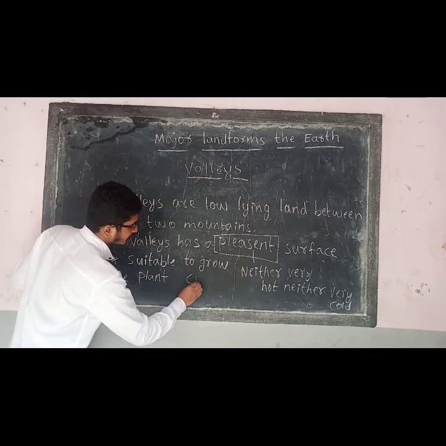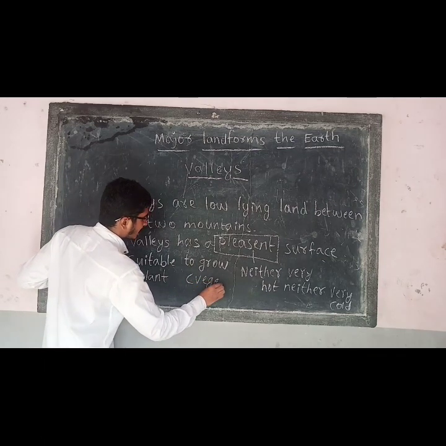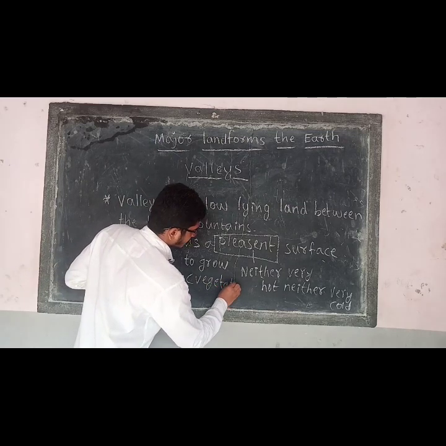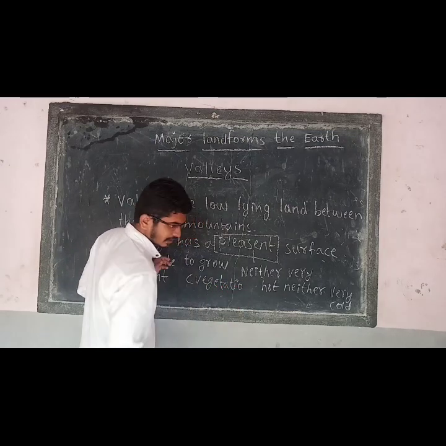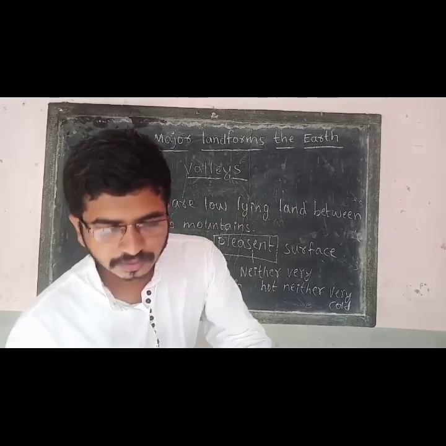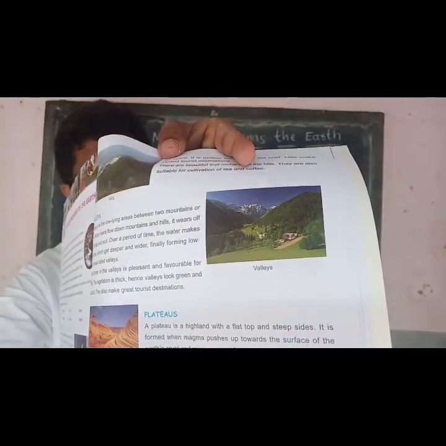This is a vegetation area. You can grow plants, trees, many trees, etc. So you can see in the image also it is completely greenery, right?